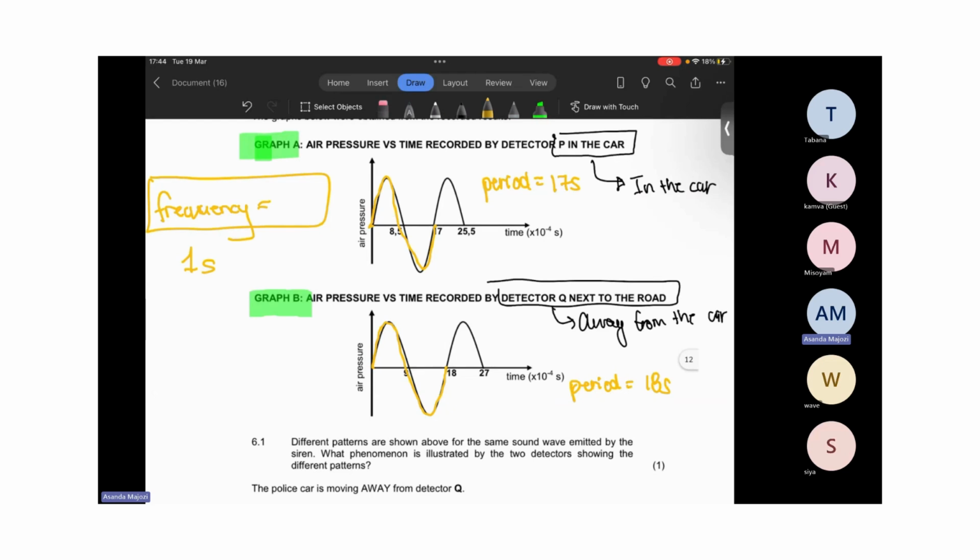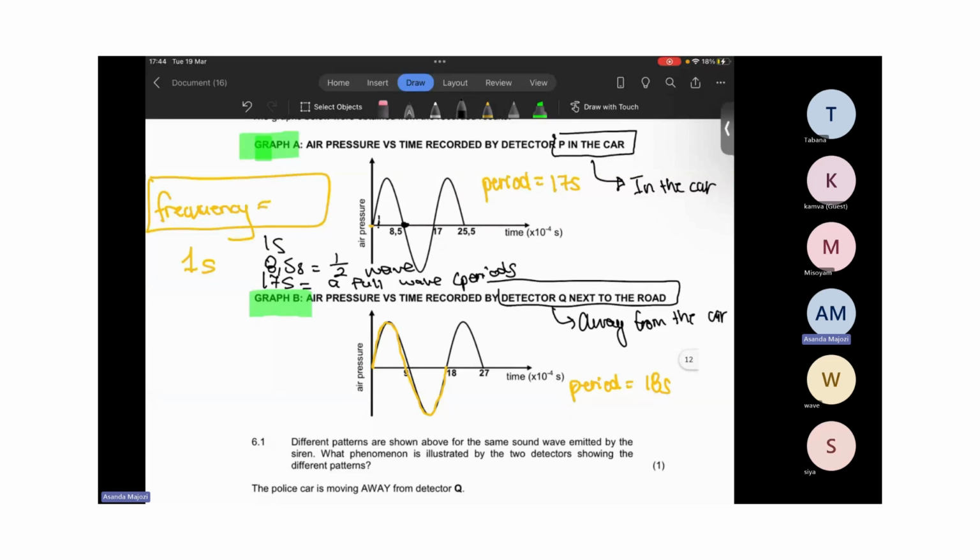So what does that mean? It means that if I look at my two graphs, I have 8.5. In 8.5 seconds, I can say that a half of a wave is formed. But in 17 seconds, I can say that a full wave is formed. So that's why we say that this is our period, right? But then in 1 second, how much of a wave was formed?